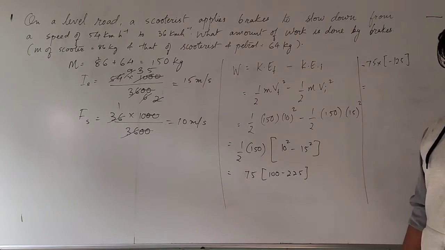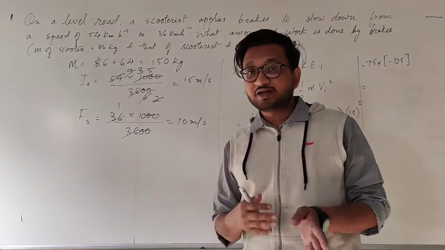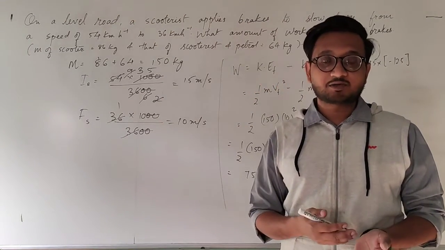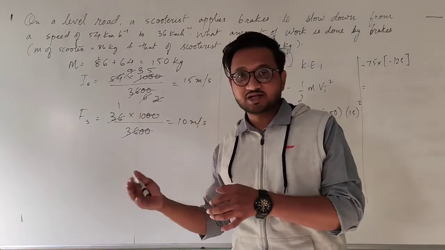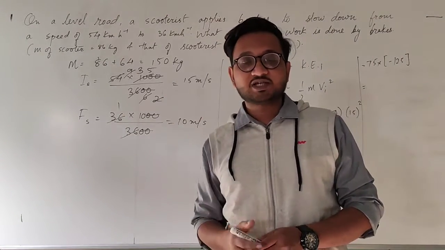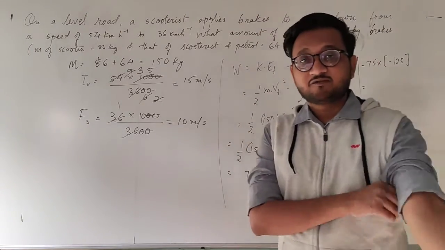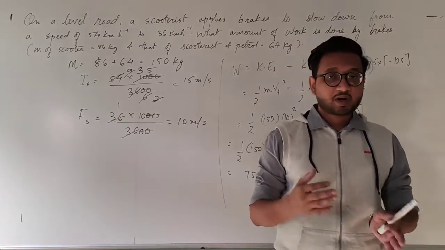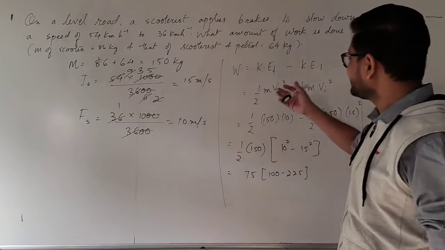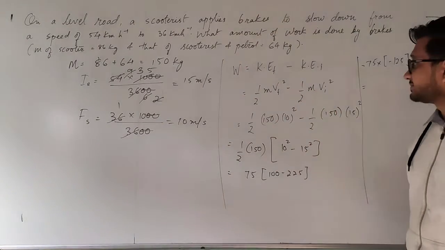The next is the amount of work done by the brakes. So the change in energy will give me the amount of work done, because of how much the energy has changed. Whatever work you are doing will be equal to the amount of change in the energy. And to find the change in the energy, we always find the difference. That is final minus initial. So final kinetic energy minus initial kinetic energy.